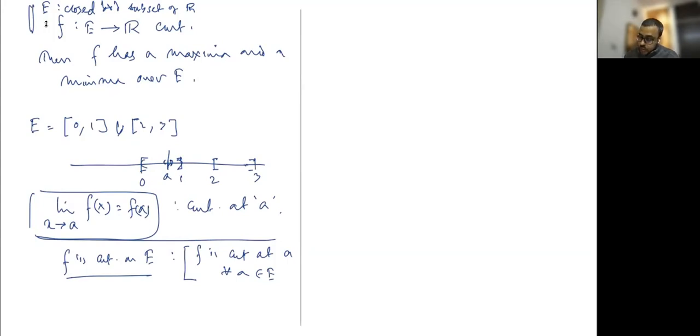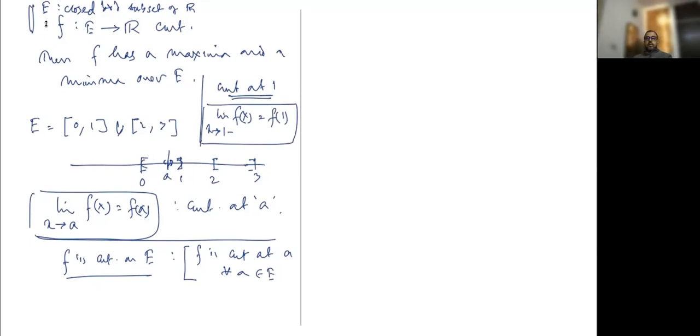For the endpoints, let's say at 1, continuity at 1 here would mean this. And at 2 it will be 2 plus. Yes. And similarly at 0 it would be 0 plus, the right hand limit at 0. At 3 it would be the left hand limit at 3.